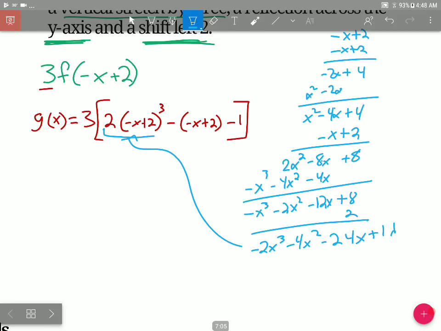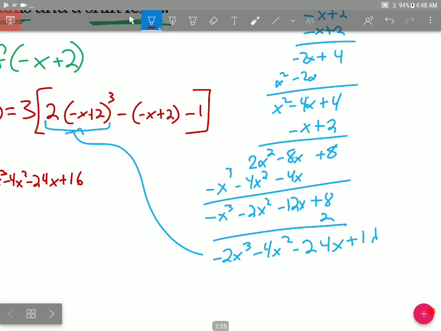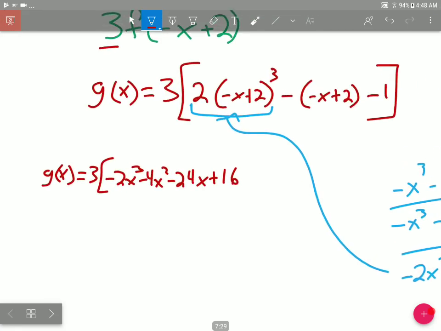So, back to brown. I'm going to write a little bit smaller. g of x equals 3 times negative 2x cubed plus 12x squared minus 24x plus, was it 16? Yeah, that's a 16 over there. An ugly 16, but it's a 16.